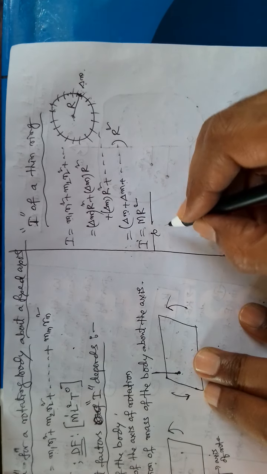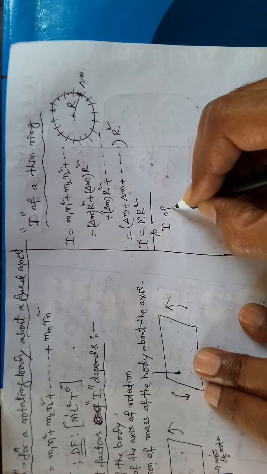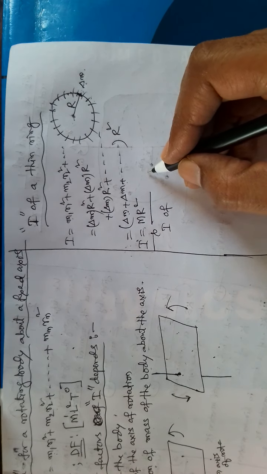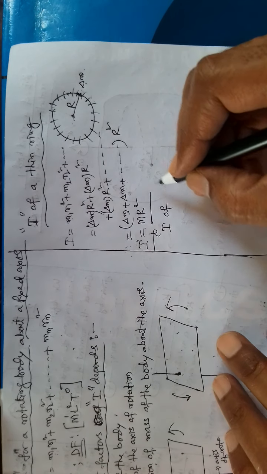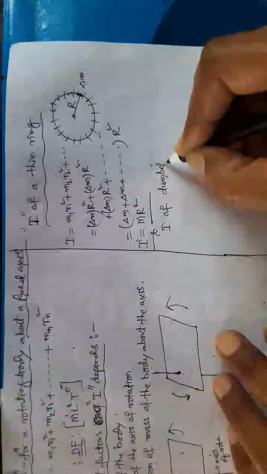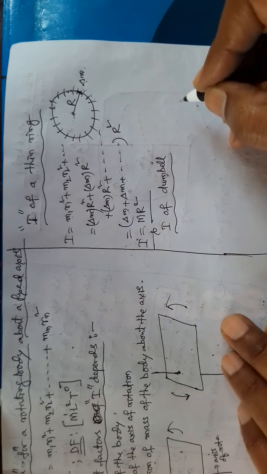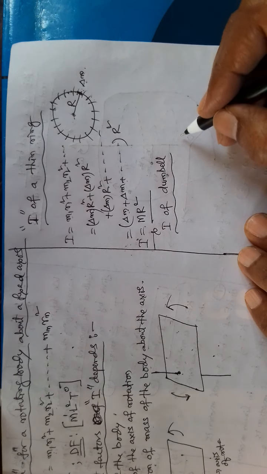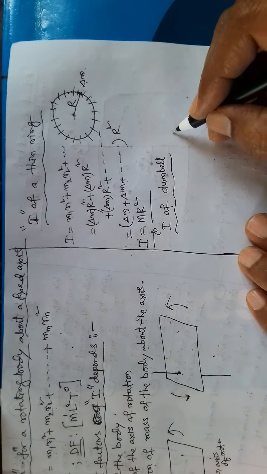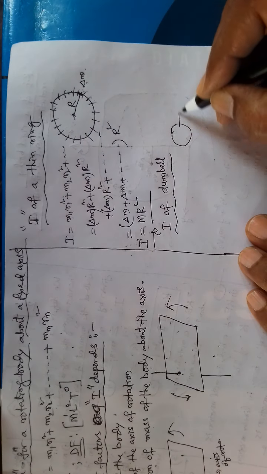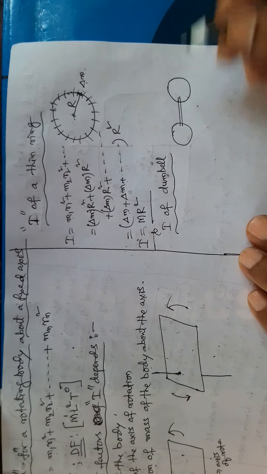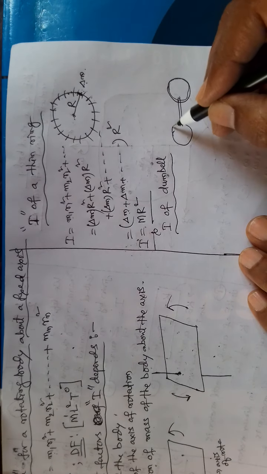Similarly, let us find I value of another item, say a dumbbell. The dumbbell is in this shape. Both will have the same mass.